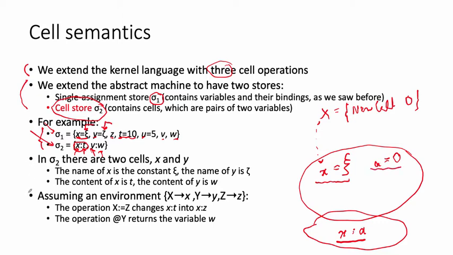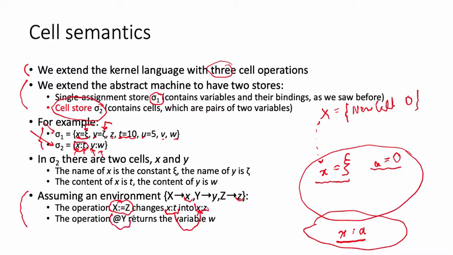So let's see what happens with operations. If we do x colon equals z, with x corresponding to little x and z to little z, then the little x colon t will be updated into the cell store. So the content can be updated.